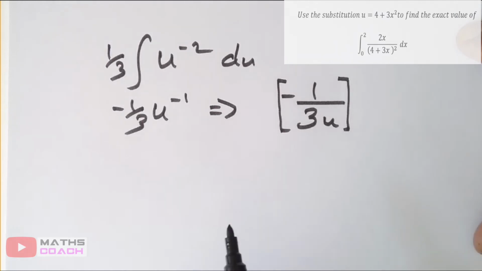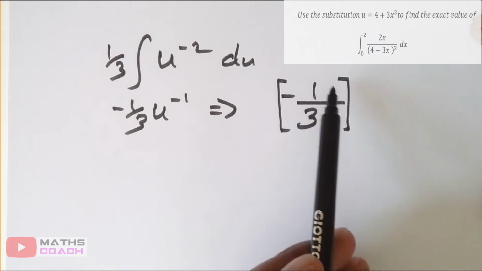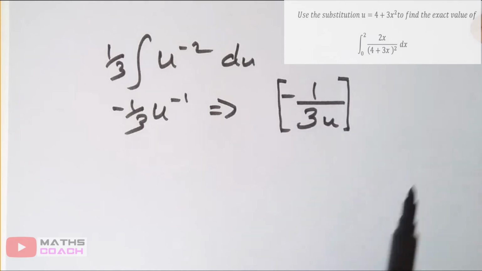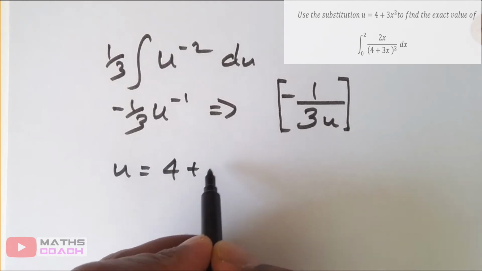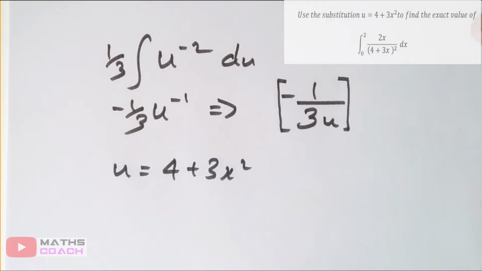The 2 and the 0, as you can see, belong to x. But we need to have new boundaries that belong to the letter u. Well, we know that u equals 4 plus 3x squared. So it makes sense for us to put the upper limit x value of 2, which you see on the question, and replace it here.